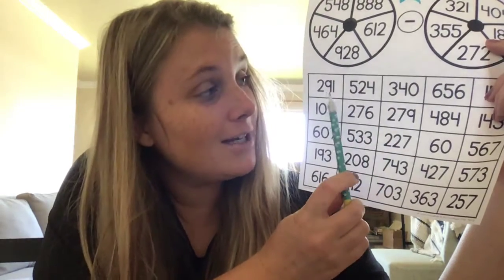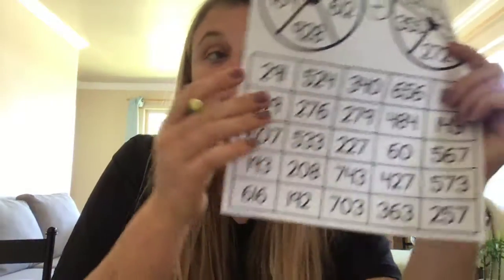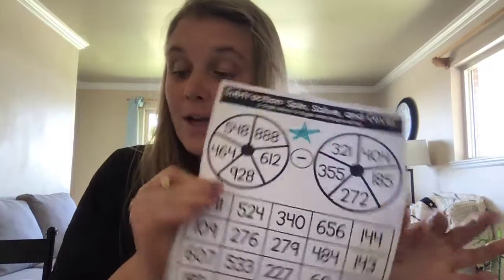And the first person that gets 3 in a row wins. Okay, so remember how I got the 524 at the beginning? Oh, I would so want to get 340 and 291 so that I could have 3 in a row. Okay, and the first person that gets 3 in a row wins. Then, if you finish this one, move on and do the other one. Okay, or just try and finish one. All right, have fun.